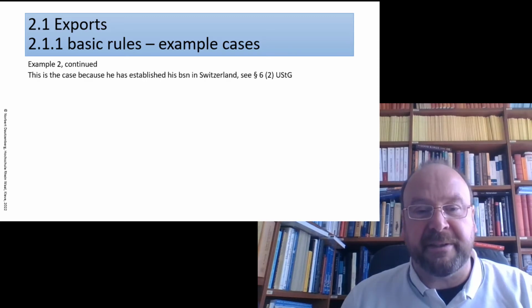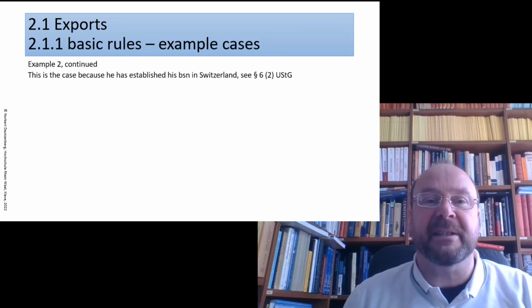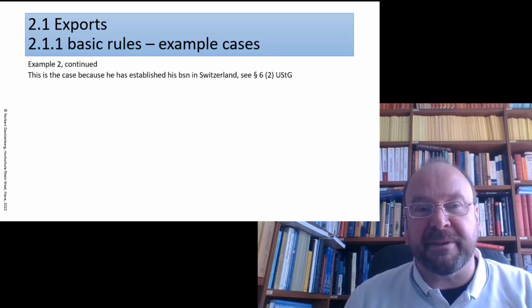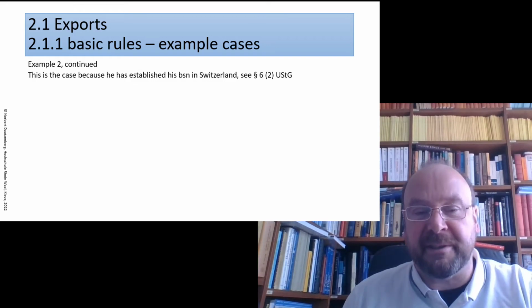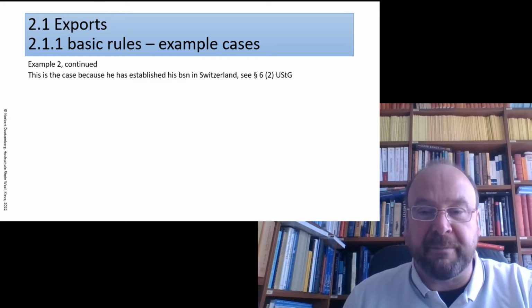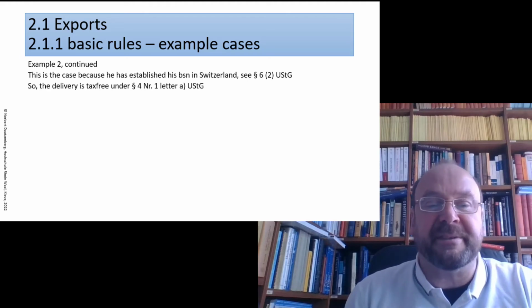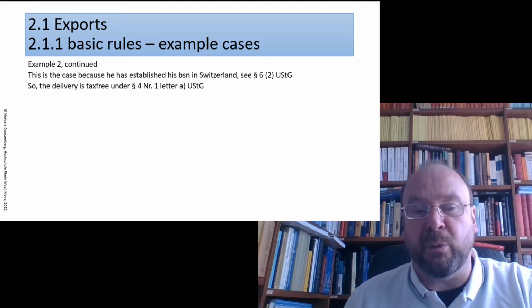That is defined in 6.2, and indeed if the customer has established his business in a third country, he is a foreign customer, or even abroad. So even a customer from France would be a foreign customer. So the delivery is tax-free under 4 number 1 letter a as an export.